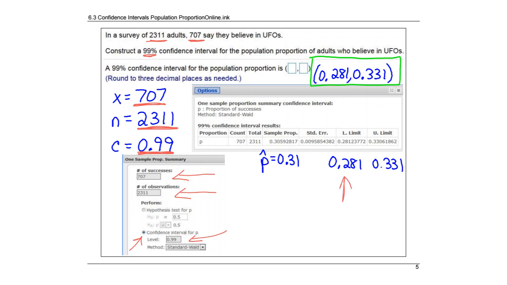So you've got your lower limit of 0.281, you have your upper limit of 0.331, and you're able to make a confidence interval. And so we know that we're 99% confident that the population proportion would lie somewhere between those two numbers.